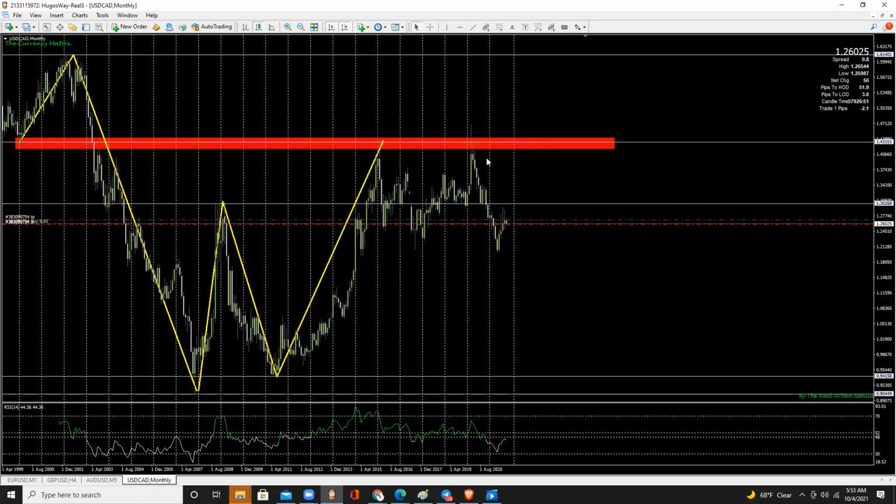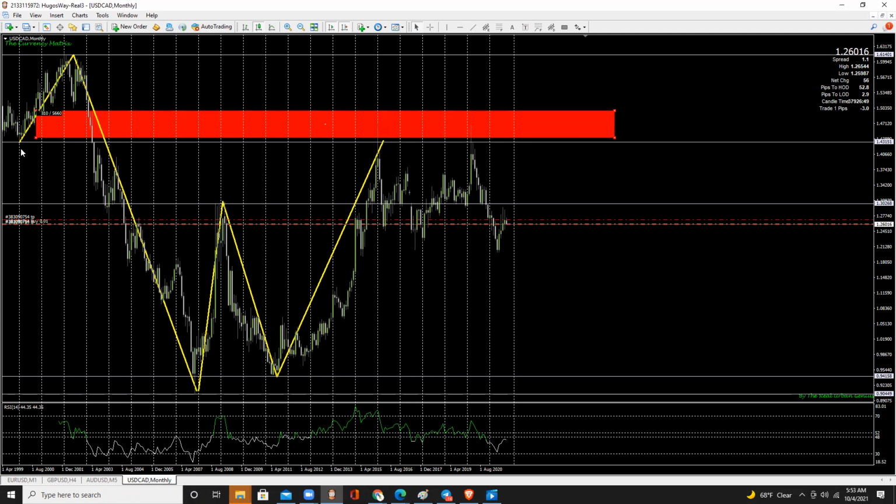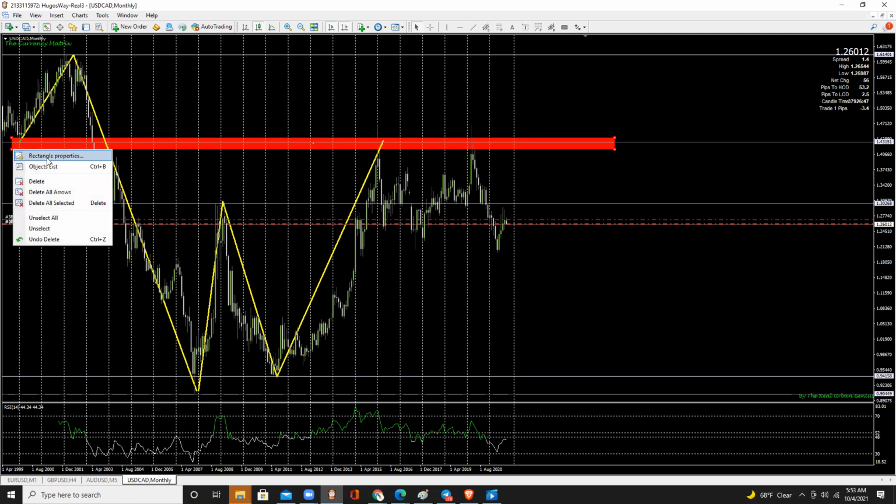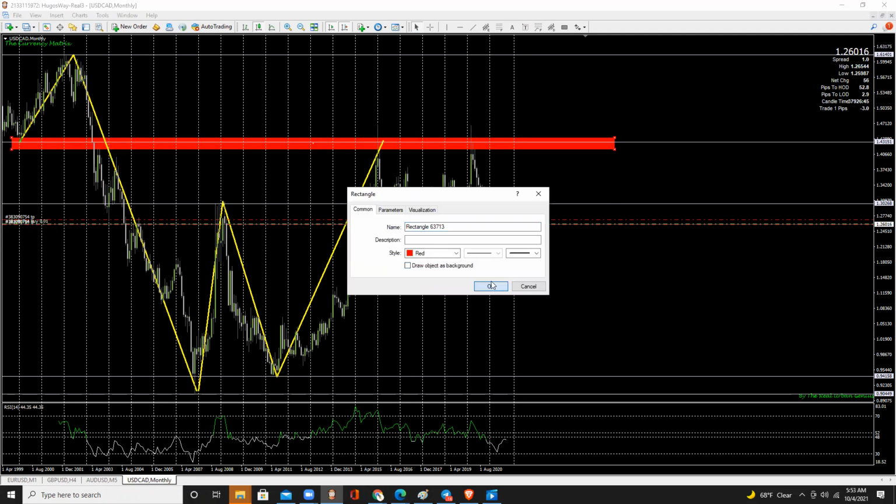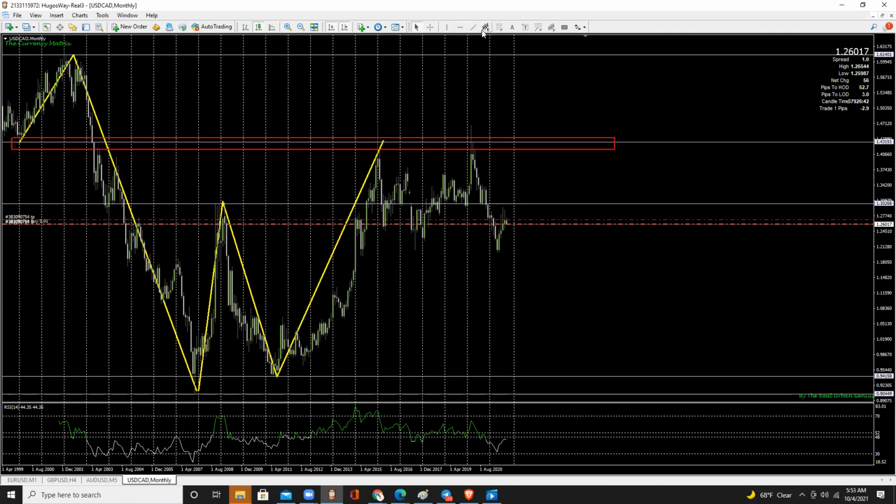Notice how this high failed to breach the previous low, which gives this level here a solid structure and solid confirmation as resistance.